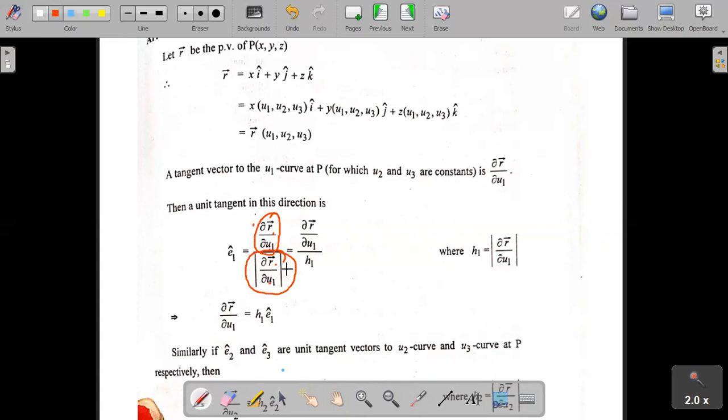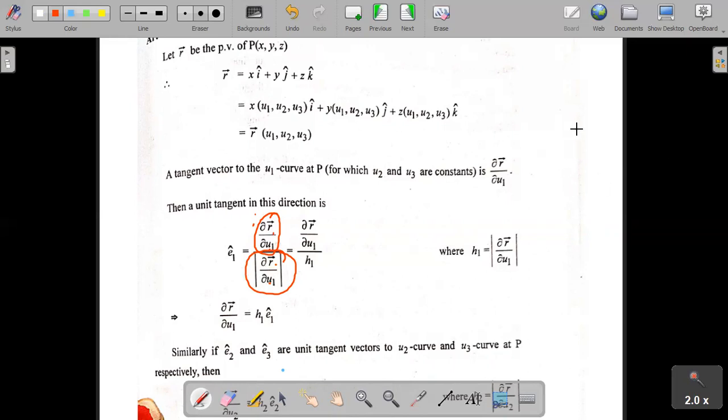Is it fine? Similarly, del r by del u2 divided by magnitude of del r by del u2 is unit tangent vector along u2. Similarly, del r by del u3 over magnitude of del r by del u3 is unit tangent vector along u3.